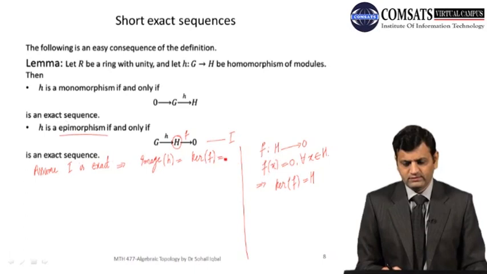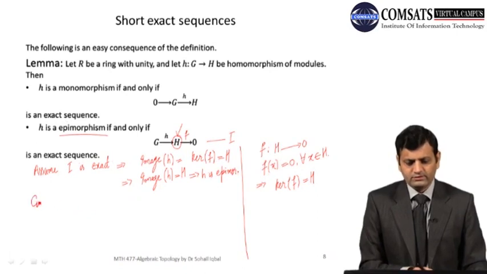So this implies that the image of h is equal to capital H. In other words, every element of this R module capital H is the image of some element of G under this map small h. So this implies that h is an epimorphism.